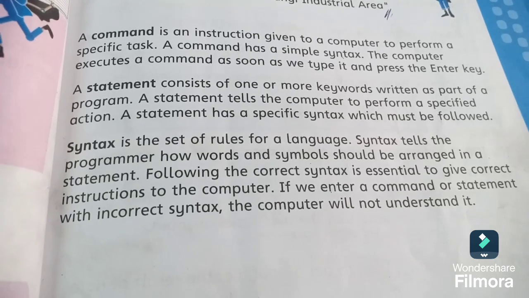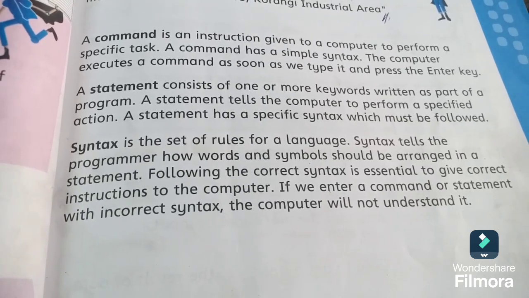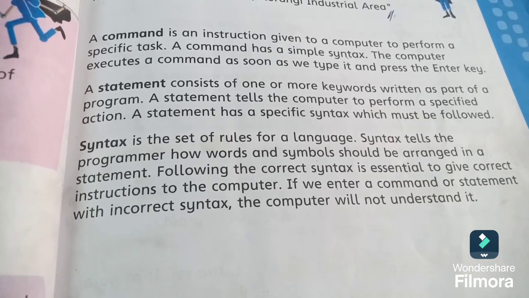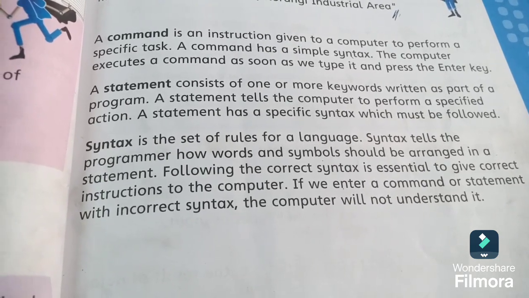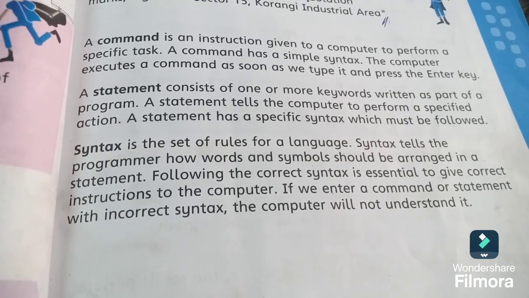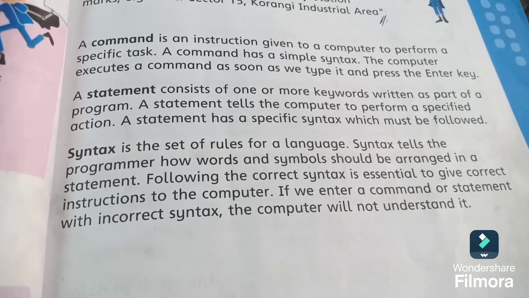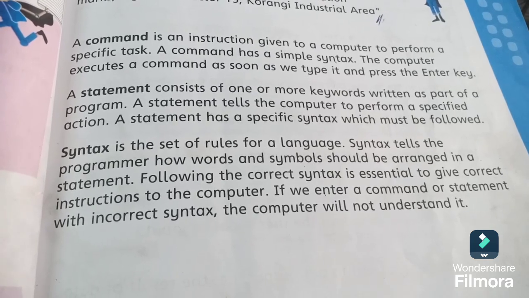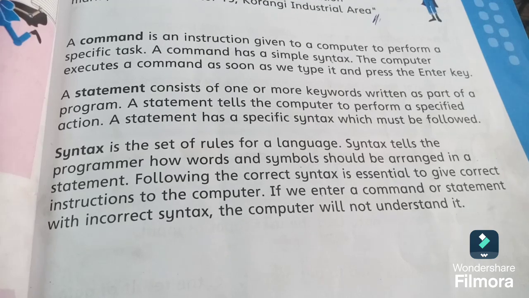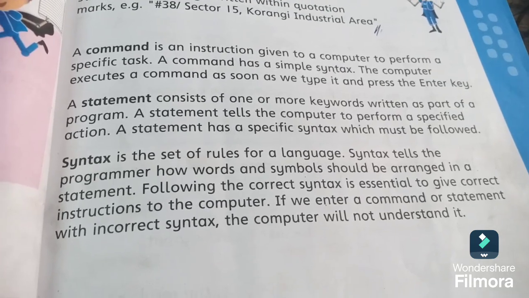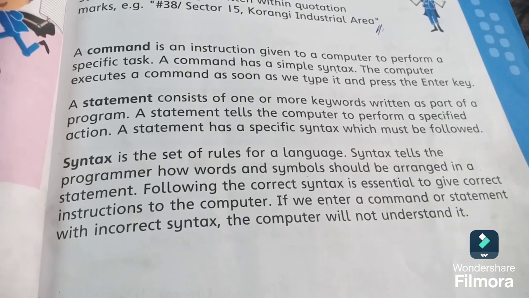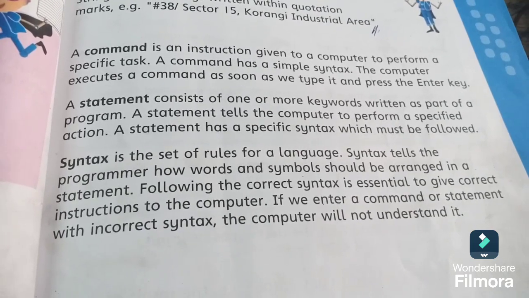Okay, you cannot write the syntax of any other language. For example, if you write the syntax of Python and you are giving the instructions of Java, this would be incorrect. So you need to write the correct syntax of the specific language. Okay, every language has its own syntax and it should be followed in order to execute a command. So students, I will tell you the examples of syntax.